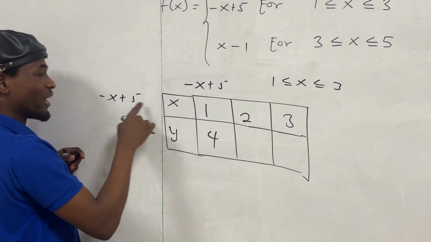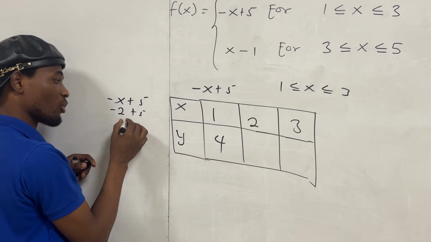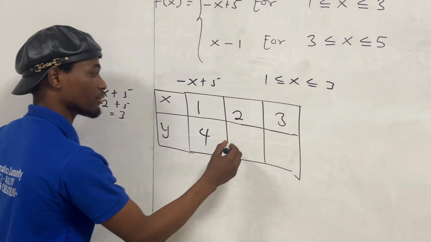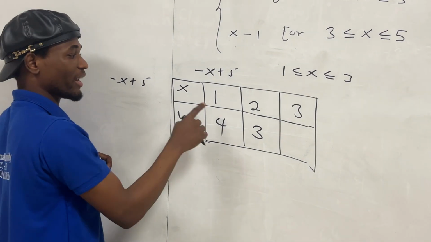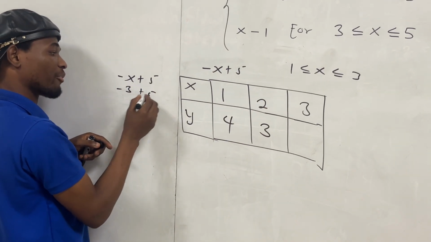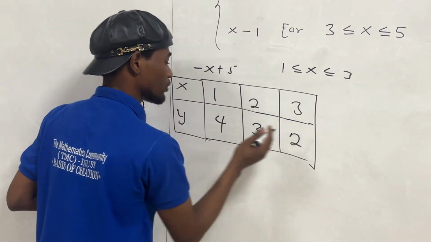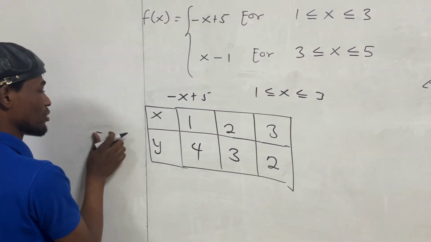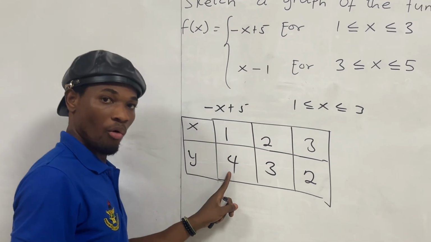Now, when x is equal to 2, negative 2 plus 5, what do I have? Positive 3. What happens when x is equal to 3? So I have negative 3 plus 5. What do I have? Positive 2. As simple as that. So I have 1, 4, okay?